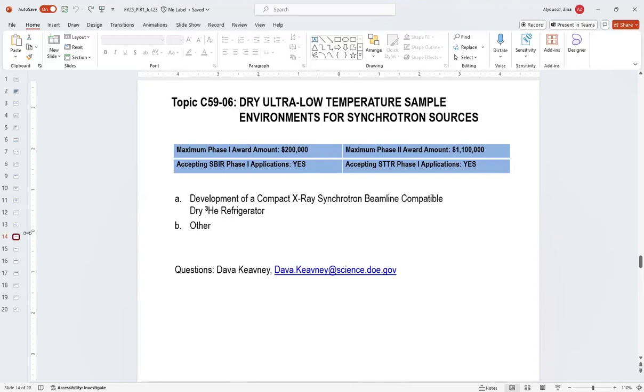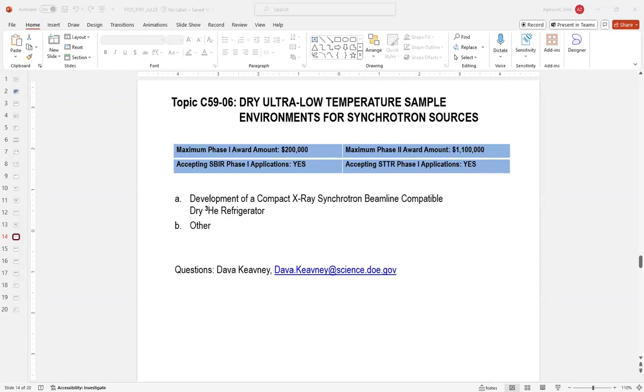The design will need to be robust, amenable to X-ray scattering geometries, and mitigate X-ray absorption, heating in the vacuum, and the heating shield. We are not interested in a system maximized for ultra-low temperature, meaning less than 250 millikelvin, without the necessary cooling power, nor a system unable to achieve the sub-1 Kelvin temperatures.